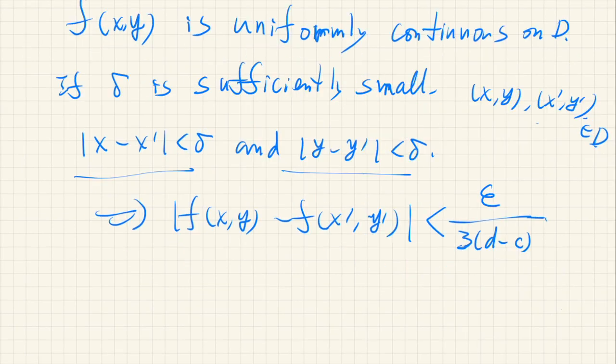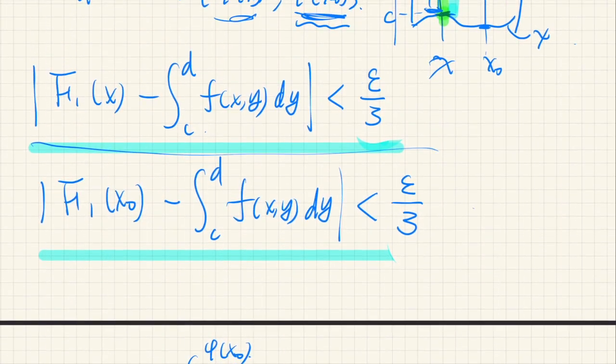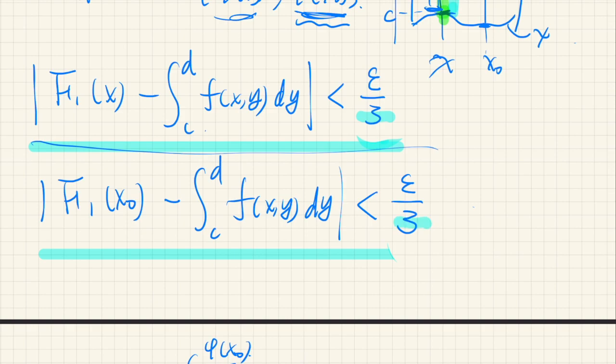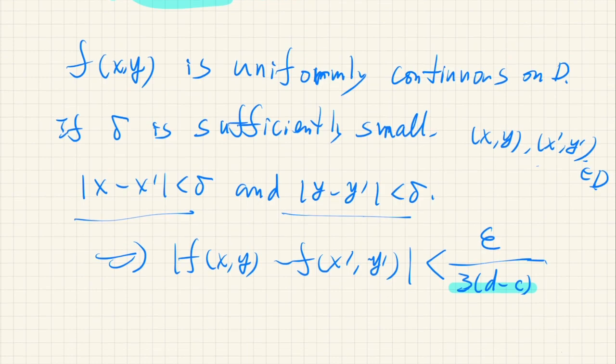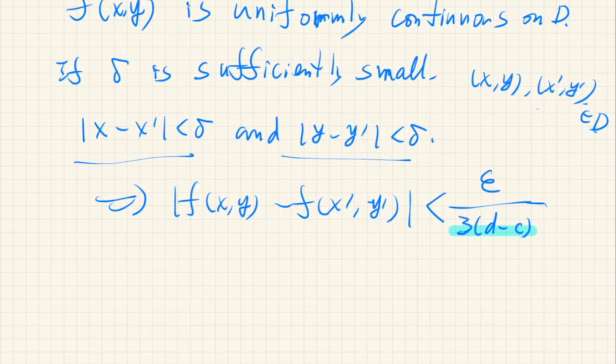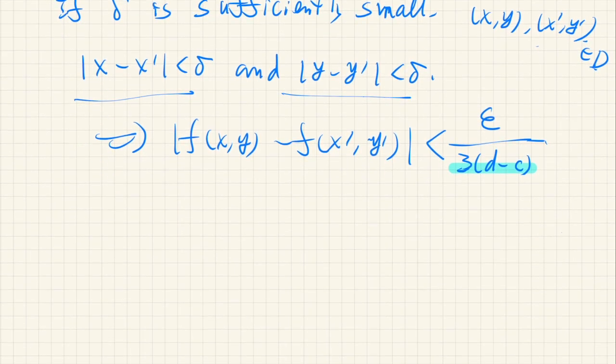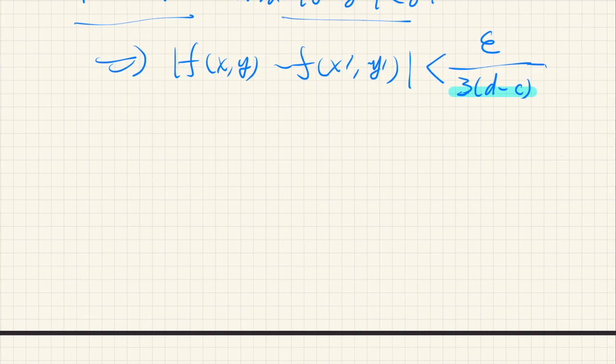By the way, this 3 times d minus c, or these 3's, they are there so that the final result is pretty. So it's not very important, but it's nicer. Anyway, what we wanted to do was to show that uppercase F1 of x is continuous at x equal to x0.